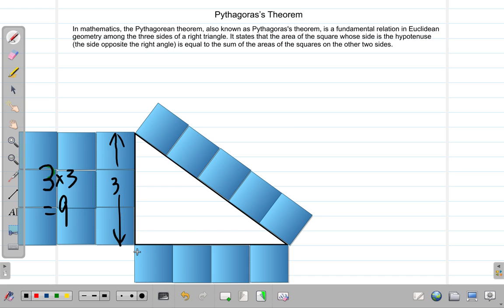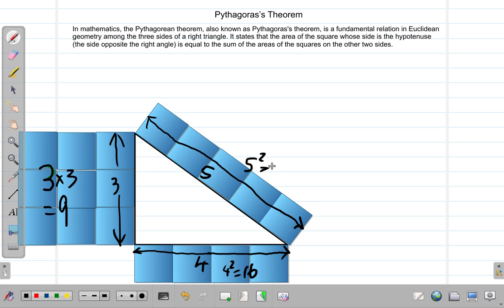The length of this side is 1, 2, 3, 4. The length of this side is 4. So the total number of squares is 4 by 4, which is 16. The length of this side is 1, 2, 3, 4, 5. This is 5 squares long, so the area is 5 by 5, which is 25 squares.